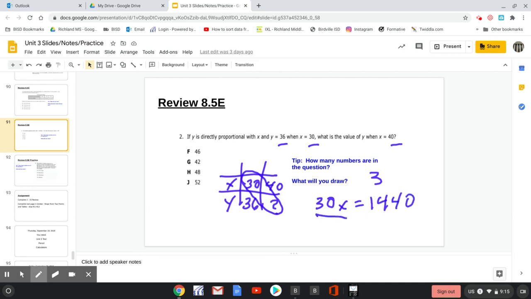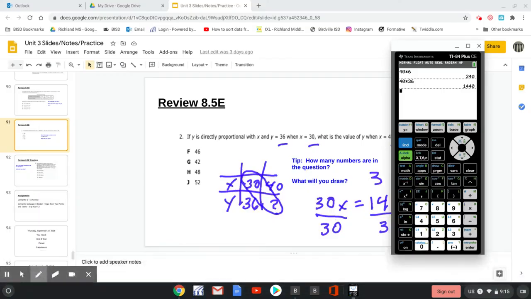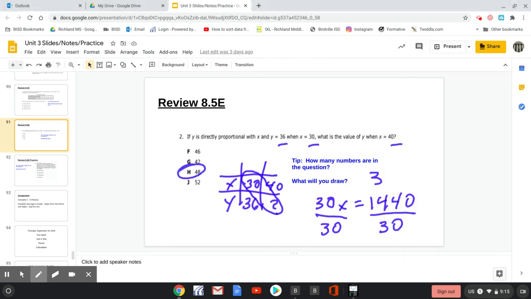Okay, so we divide both sides by 30 because we need to get x by itself. And so 1440 divided by 30 gives us 48. So we know our answer is 48.